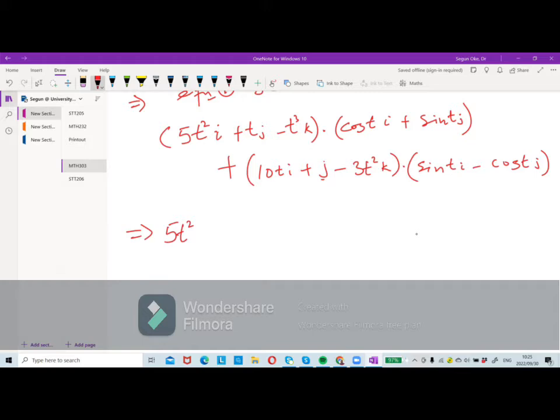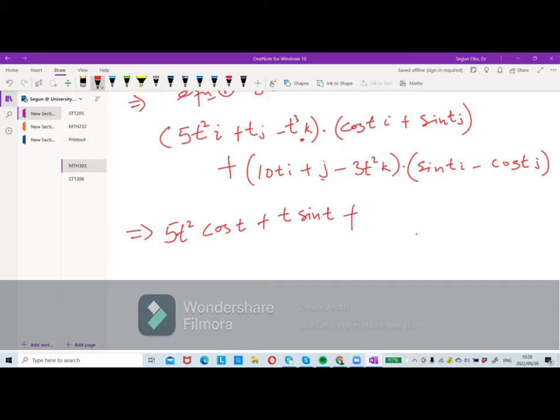I times i is 1, so you have nothing to lose; just put cos t. Then j to j, plus t sine t. Here we have k, here is 0, and 0 multiplied by anything is 0, so you don't bother yourself. You continue with the next one.